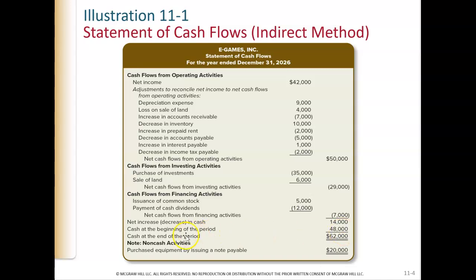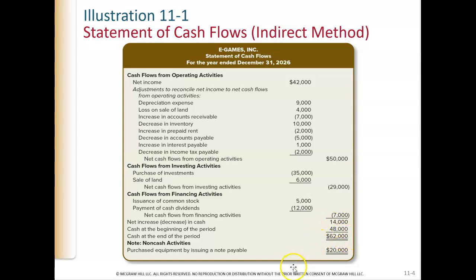I add that to my cash at the beginning of the period, and that has to tie out. That gives me cash at the end of the period. So this comes down to the change in cash. We take the net $14,000, add it to the beginning balance in cash, and we should get the ending balance in cash.